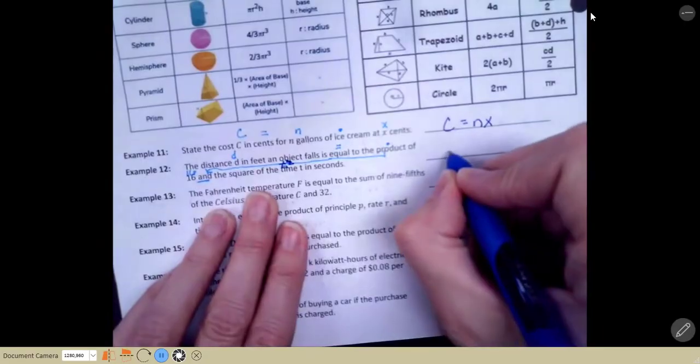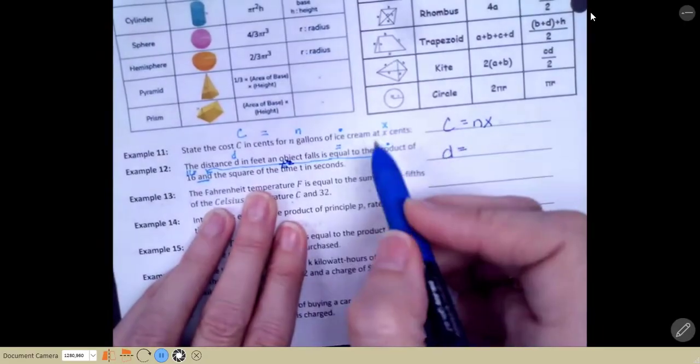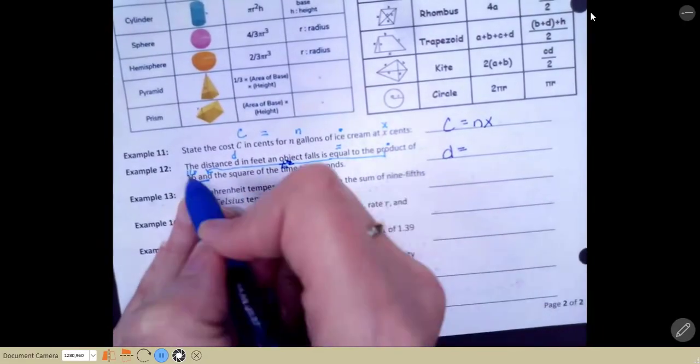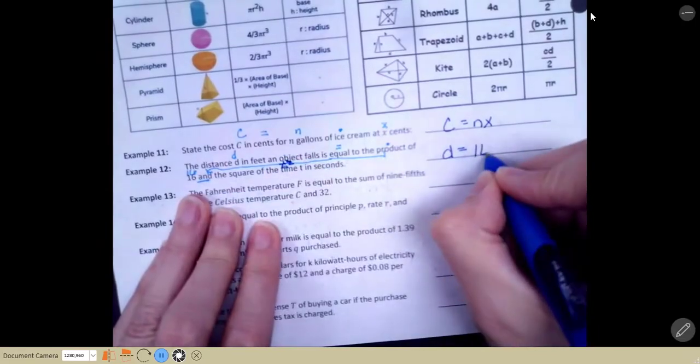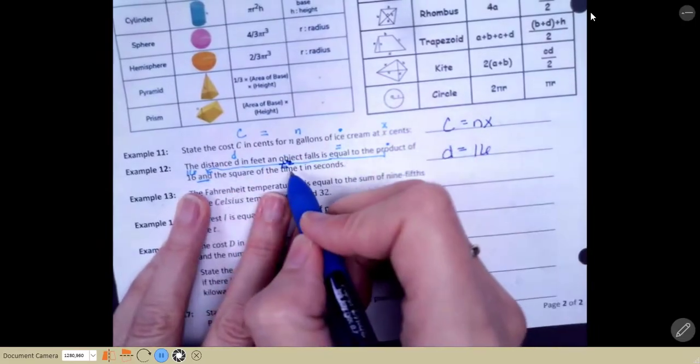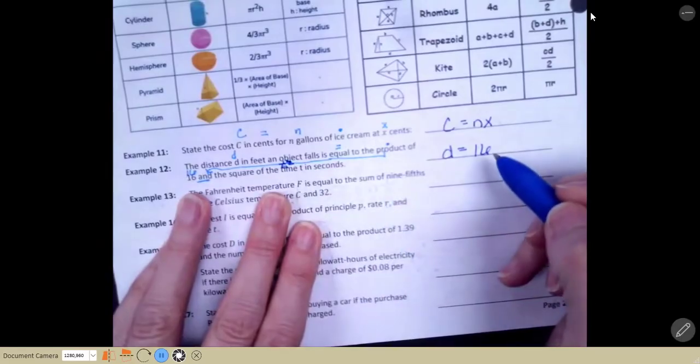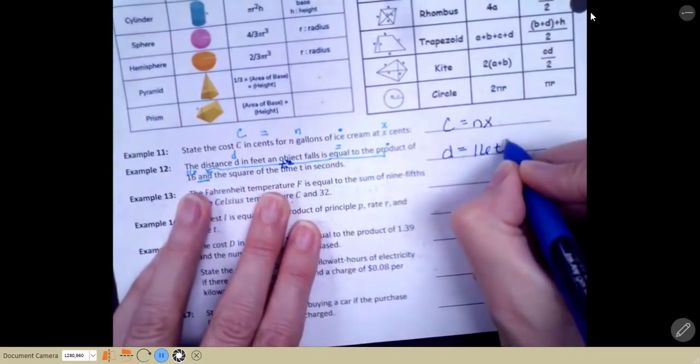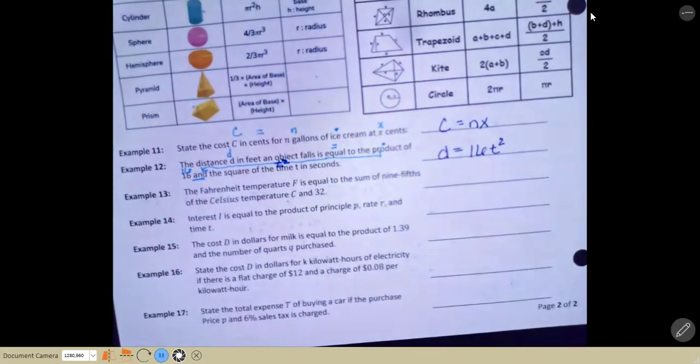D equals, we moved the multiplication sign, so we have 16 and T squared. Now I don't need my raised dot. I could use parentheses, or I could just write my T squared like this, okay? Notice that a lot of times those operations go where the and is, okay?